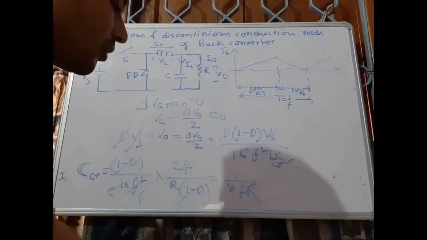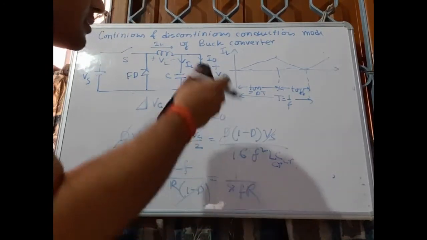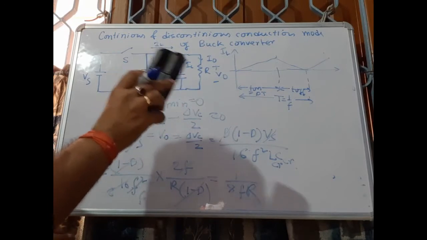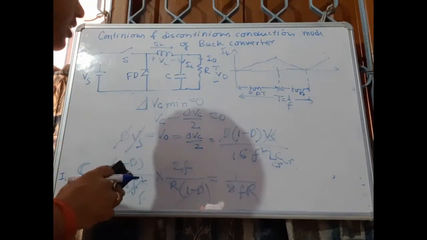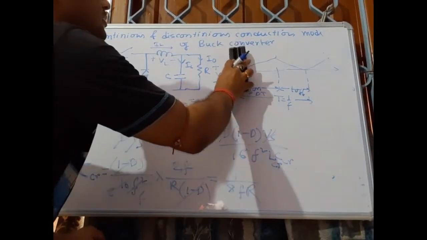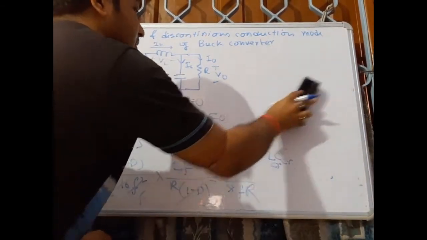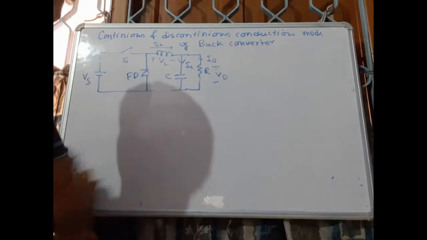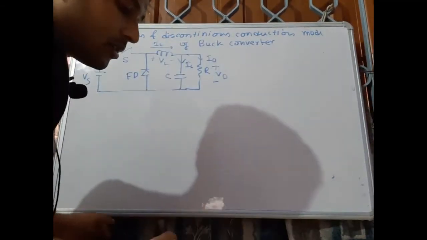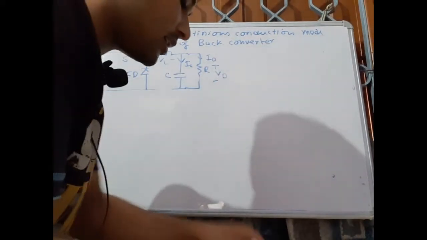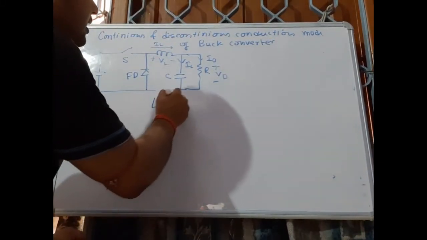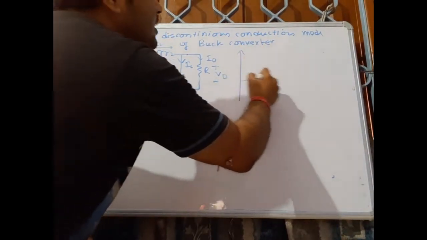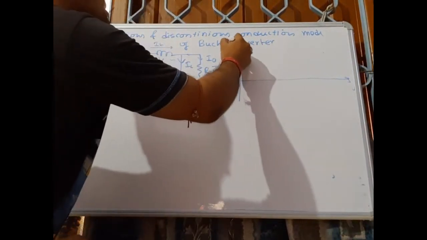Now all we have discussed up to this is for continuous conduction mode. Now if I draw the plot for discontinuous conduction mode, as I already discussed, for L less than LCR we get the inductor current in discontinuous mode.